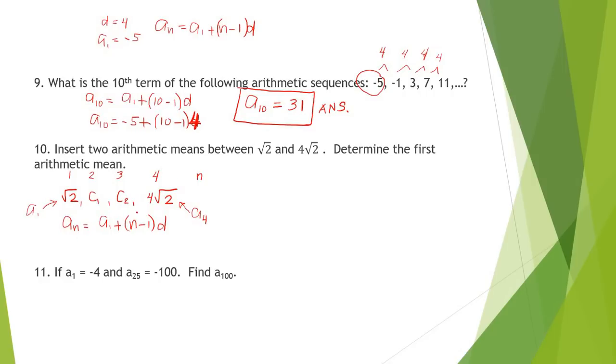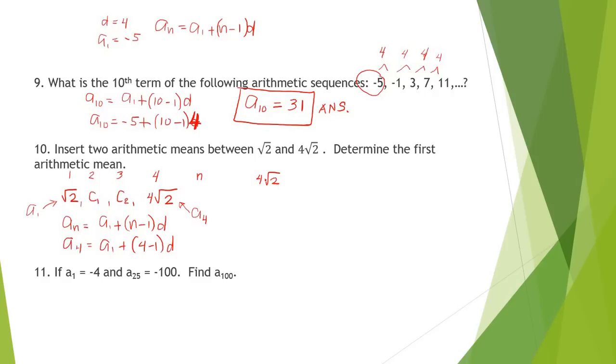So we can write this equation as a4 is 4 square root of 2. a4 is equal to a1 plus 4 minus 1 times d.